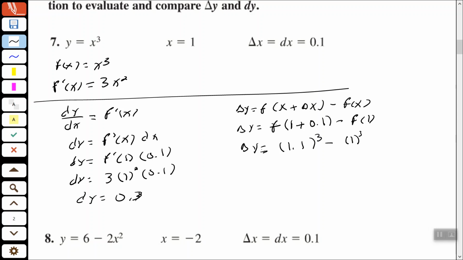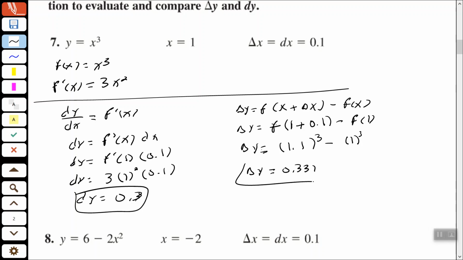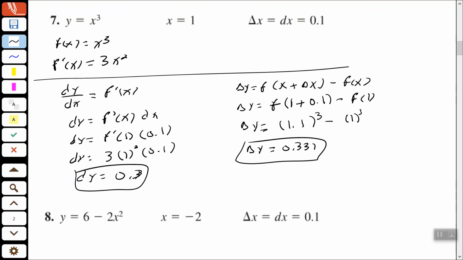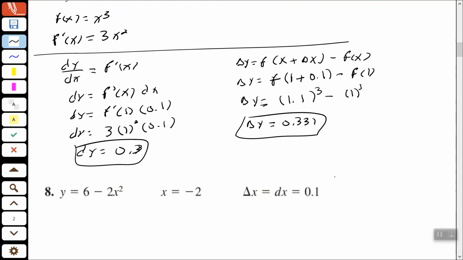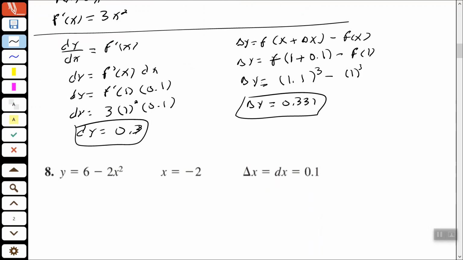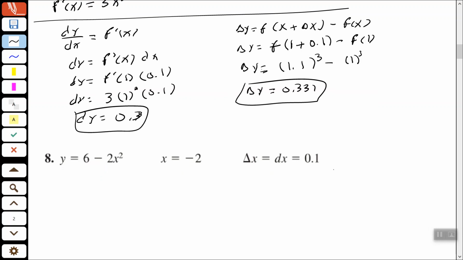My pen is acting up, it's throwing me off a little bit. So if we calculate that, 1.1 to the third gives us 1.331 minus 1. That gives us about 0.331, which is approximately the same. Okay? So that's all we're doing here. We're comparing these and seeing that the differential of y is about the same as the change in y.